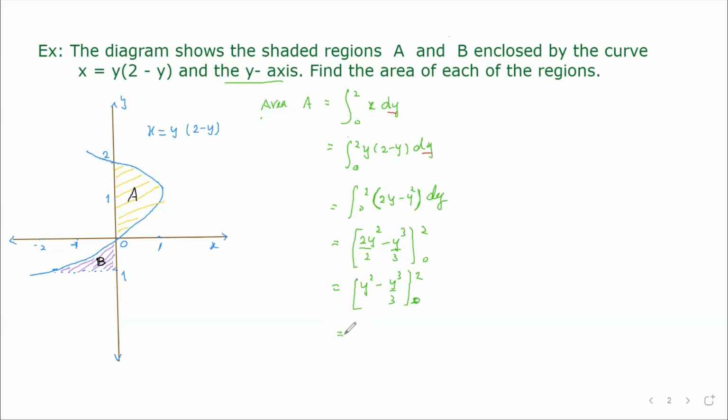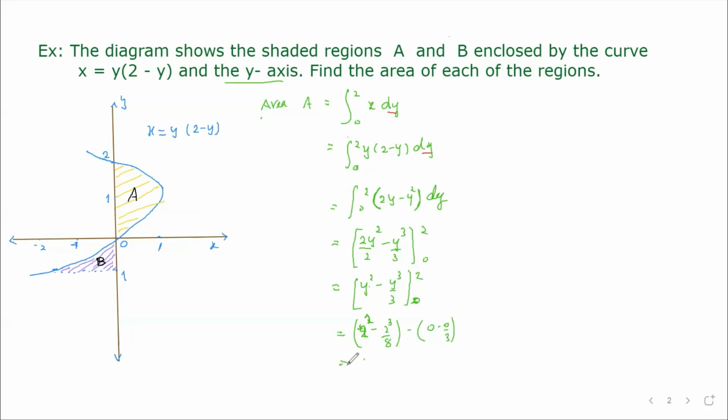So replace y with 2: 2 squared is 4, minus 2 cubed over 3. And then minus, replace y with 0, the first becomes 0 and the second becomes 0 over 3, so the last one becomes 0. So you just simplify the first bracket here.